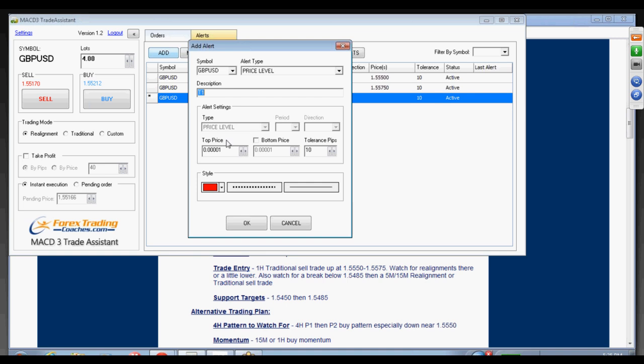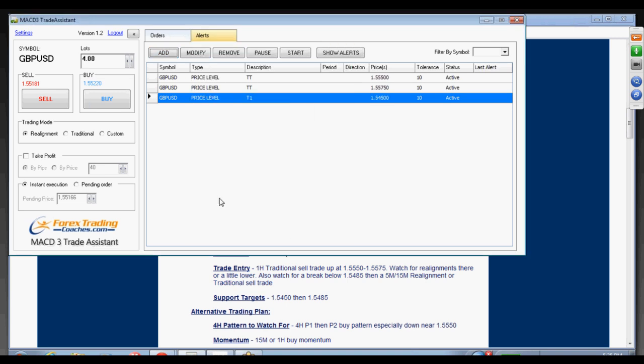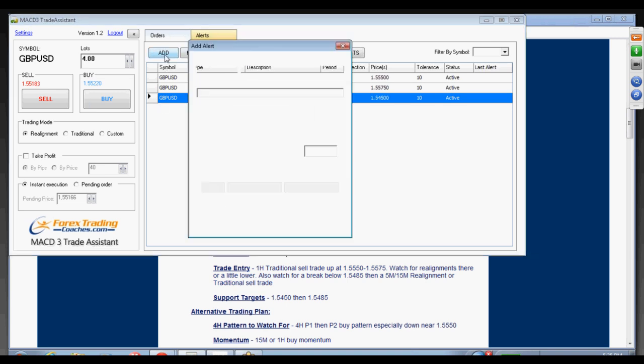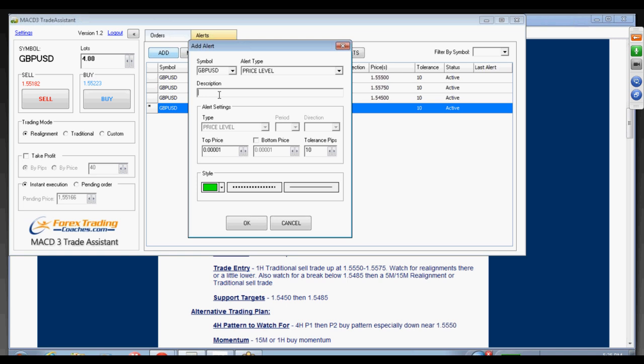So I go down for the style, mark it in red, and then I put in the price, which is 1.5450 for the first one. And the second one I put in is T2.